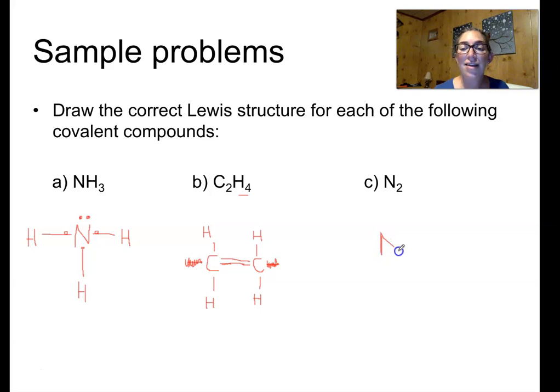And then lastly, we have nitrogen, 2 nitrogens. So nitrogen, of course, has a lone pair and 3 bonding arms. And this one also has a lone pair and 3 bonding arms. All right, so we'll connect these 2 bonding arms first of all.